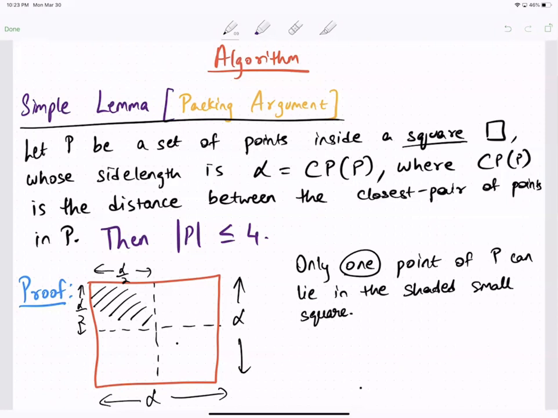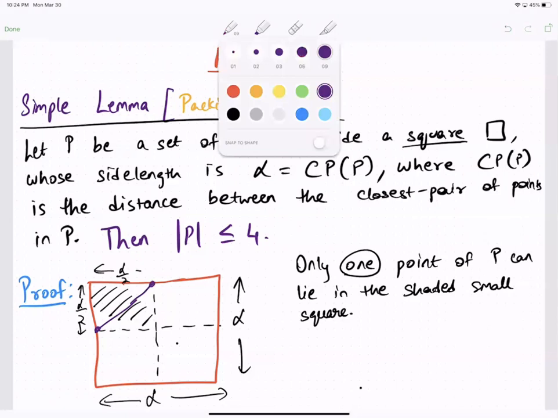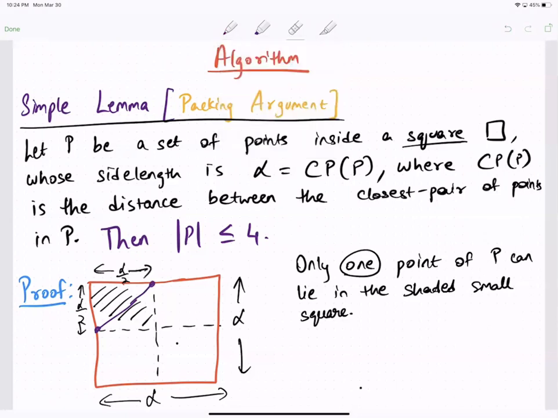Because if you look at the diameter of the shaded small square, inside this smaller square these are the farthest pair of points, and the distance between them will be at most alpha over root 2 by simple Pythagoras theorem.